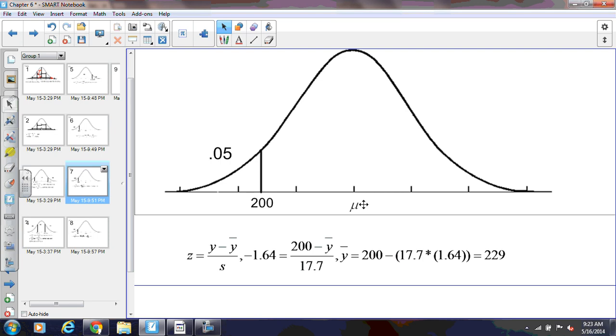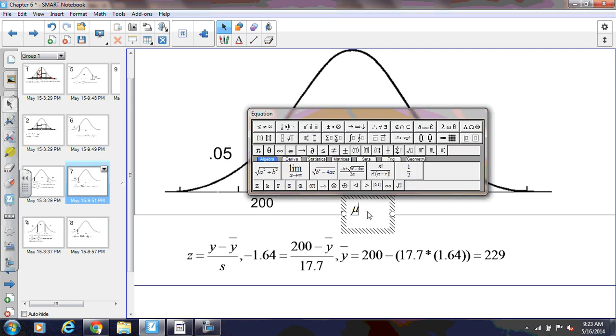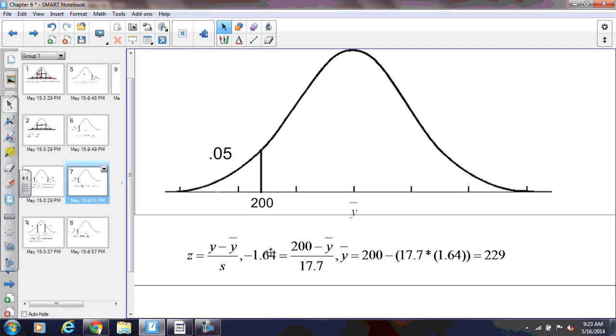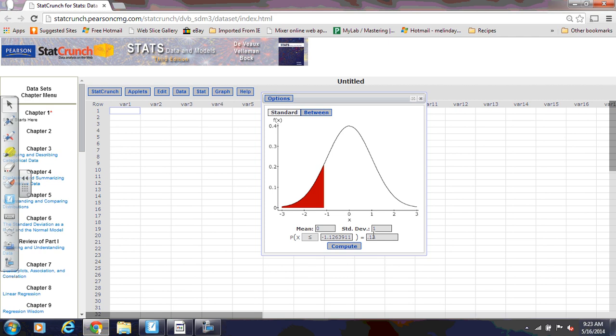Now we're trying to find, instead of mu, we're actually trying to find y bar. So now we need to find the z-score that corresponds to 5%. I'm going to change this to 0.05, and that gives us a negative 1.64.